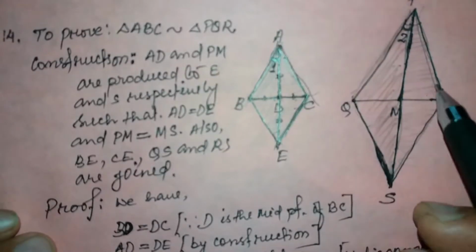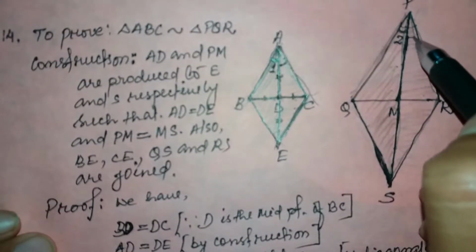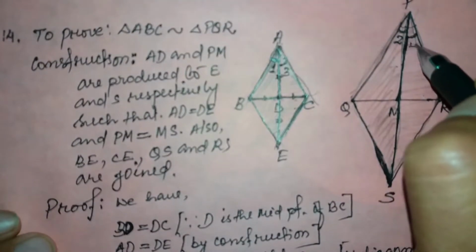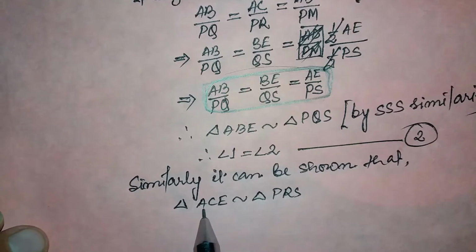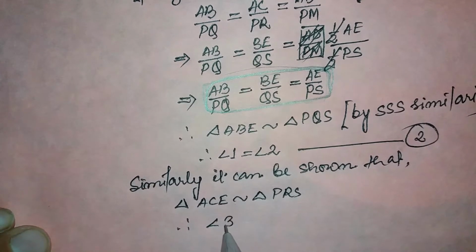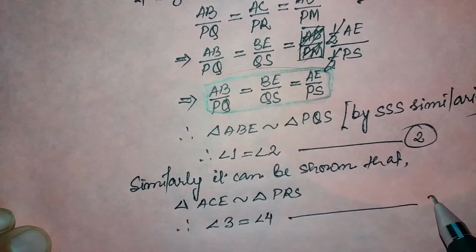Now once we get that these two triangles are similar, we will say that this angle and this angle are equal. Let's say this is 3 and this one is 4. Therefore angle 3 is equal to angle 4. Let's call it 3.